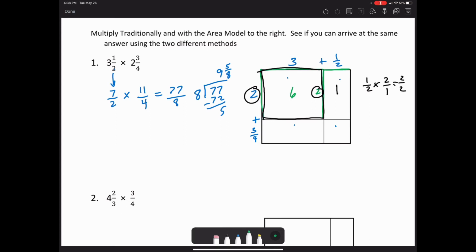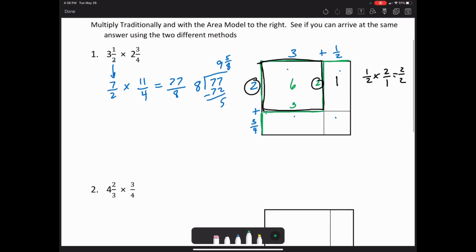So now we're going to multiply. We have the length here, which if I look directly above is 3, because opposite sides of this rectangle are equal. So that's 3 times 3/4. Let's see what that comes out to be. We're going to have 3 over 1 times 3/4, and that equals 9/4, which equals 2 and 1/4.